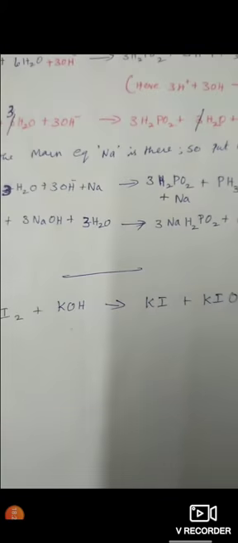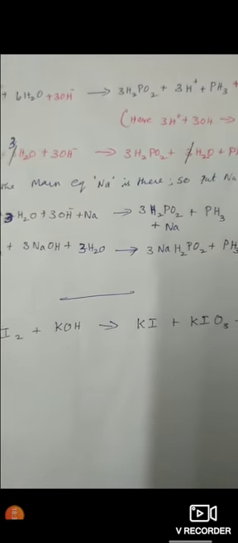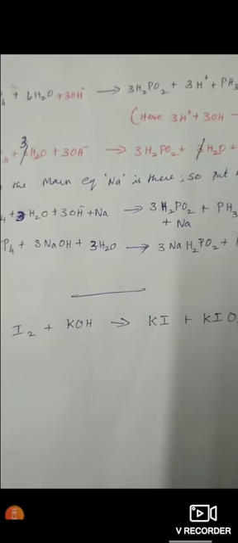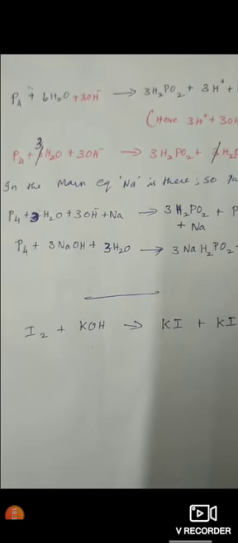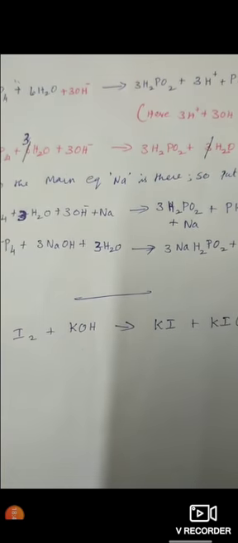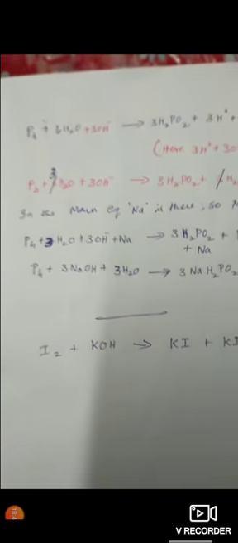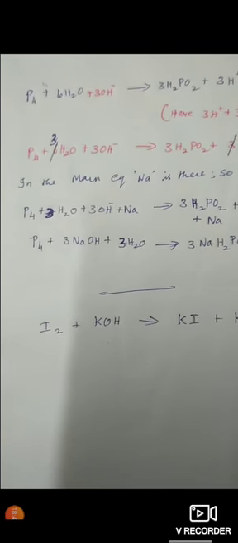You can practice all these equations, and in your textbook also many equations are given. So use this rule and try to balance them. Then you will never forget, children. This is the easy way. Actually, wherever we want we are adding, wherever we don't want we are deleting. That's all. Correct? For oxygen we are adding H2O.